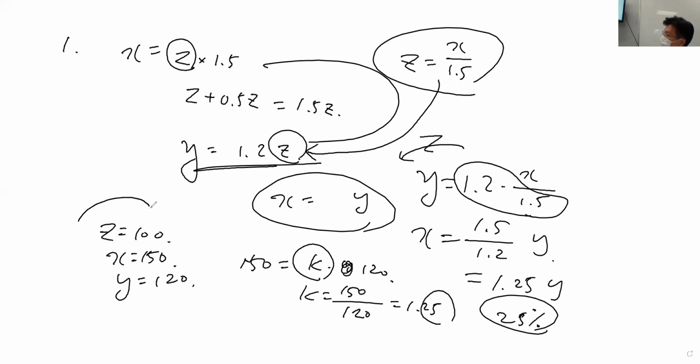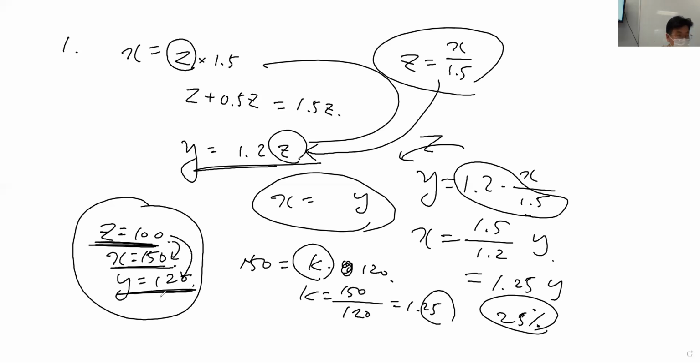Julie, you can just think this way. Okay, put z as 100. And since it is 50% more, x is 150, right? And then y is 20% more, so y is 120. And they're looking for the relationship between these two. So x is what percent of y?